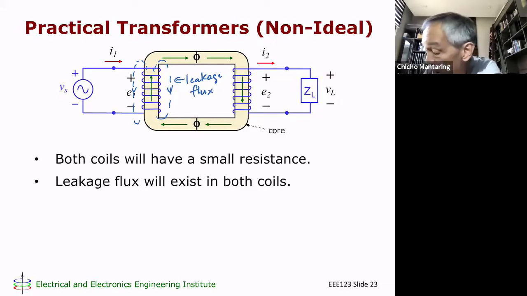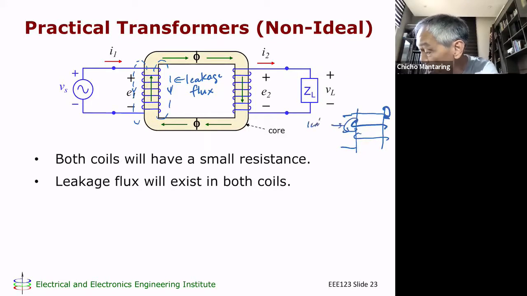In fact, even between coils, let's say this is my core, you can also have leakage flux between windings.